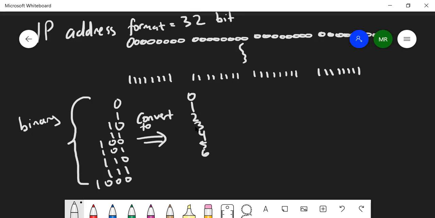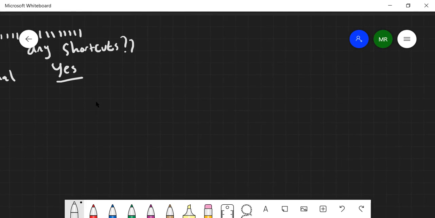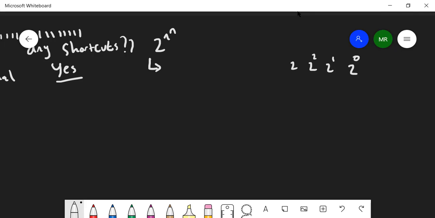Okay, let's do some quick math. Now, you may be asking, is there any shortcut to calculate this? Yes, because binary consists of only two numbers, either 0 or 1, you have to create some sort of power table, from 2 to the power of 0 up to 2 to the power of 31.